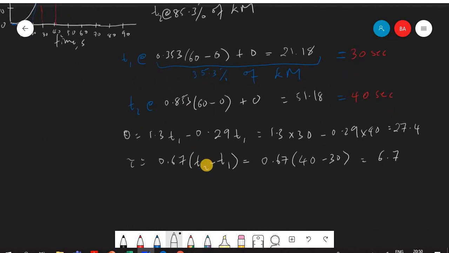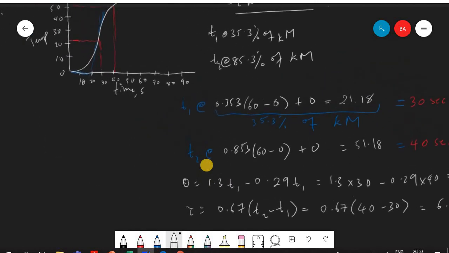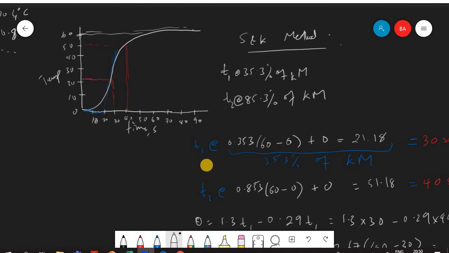So I have obtained theta and tau, and now I just need to find the value of k. I did not put a question here, but say I had a step input, for example, of changing the power from 20 to 30 kilowatts.